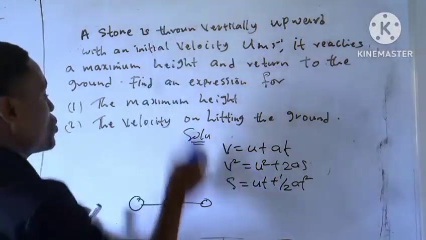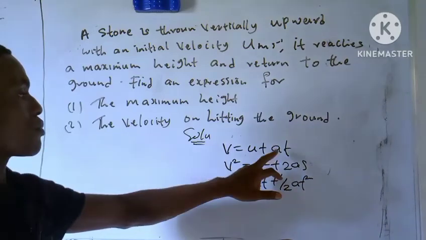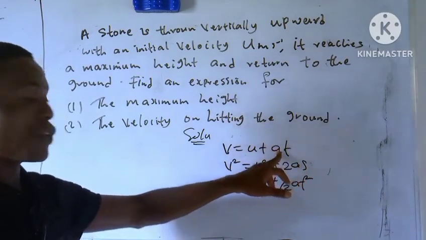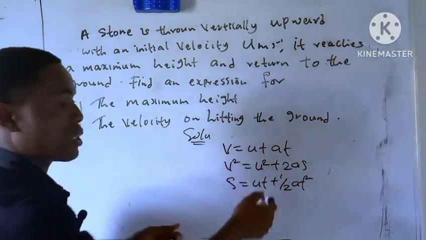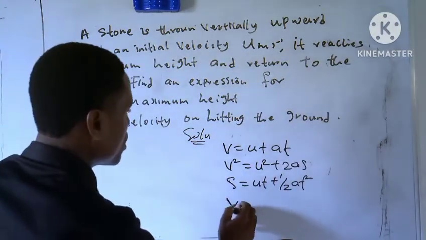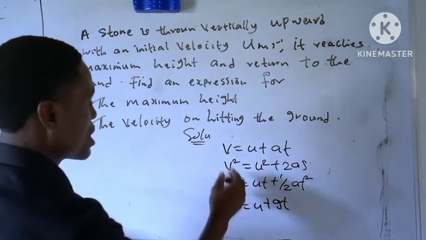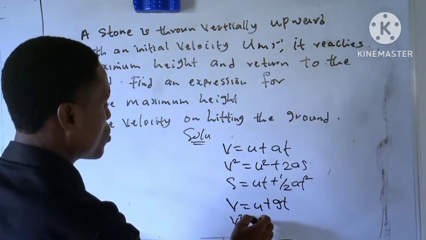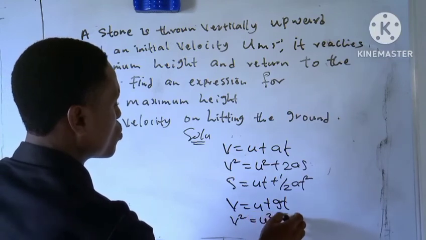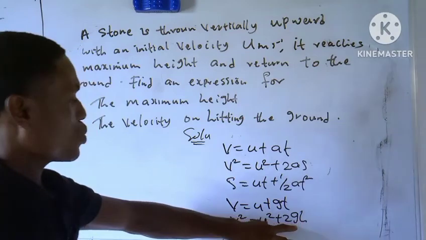So you must change everything. Okay. So in place of acceleration a, you change it to g. So you can write them in this form, like v equal to u plus gt, right? The second one, v square equal to u square plus 2gh.